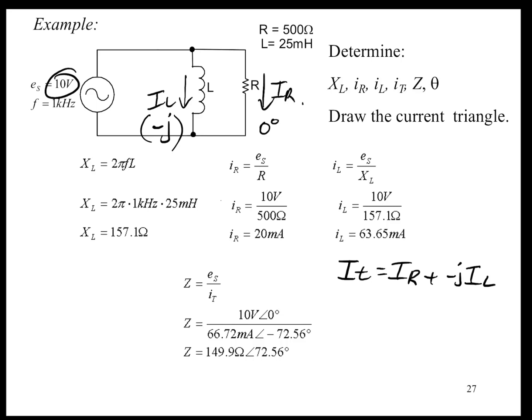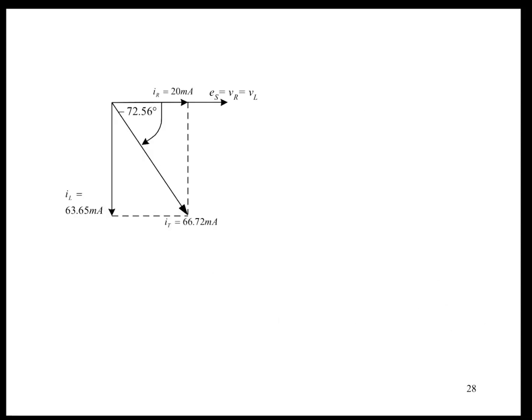So that's going to be the way that you determine your total current. Now once you have your total current, don't forget Ohm's law will still always apply, won't it? And Z total will have to equal E source divided by I total, right? So you have your I total value from up here. So what does that look like then?